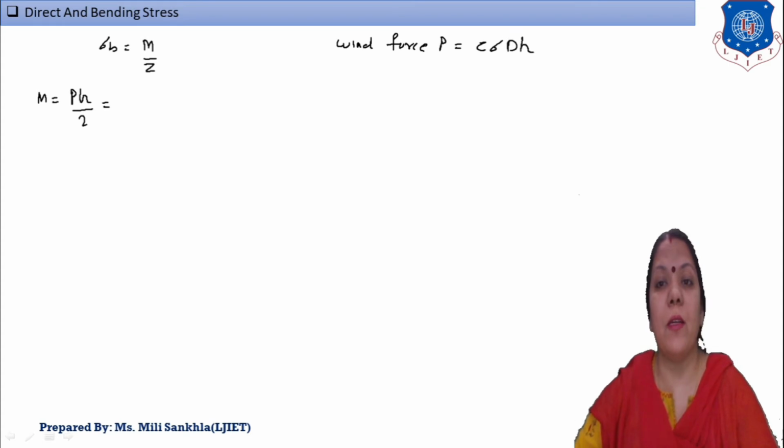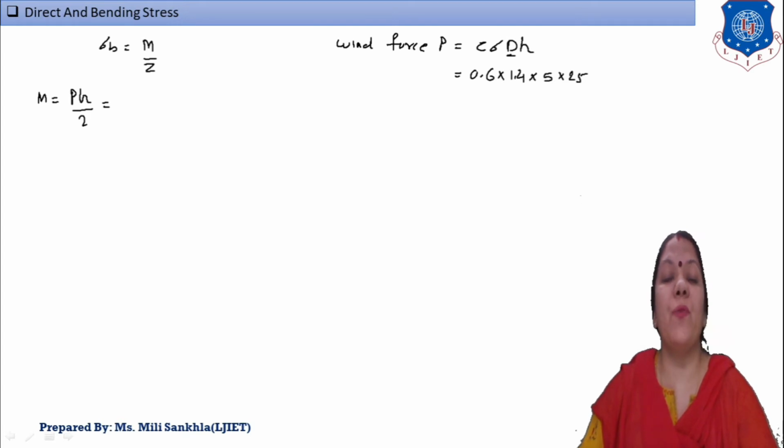So we consider capital D. C is our wind coefficient, given as 0.6, sigma is given as 1.4, outer diameter is 5 and height of the chimney is 25.